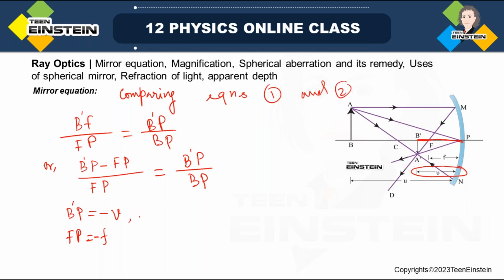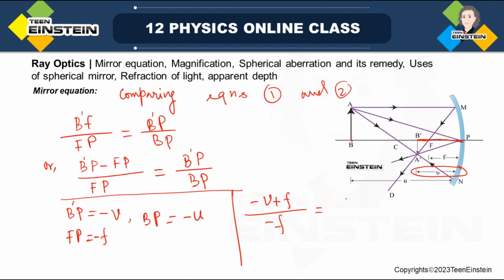BP is the object distance, which is minus U. Now if I put all these values, B prime P is minus V, FP is minus F, so the left hand side is positive, and the right hand side is minus V divided by minus U.